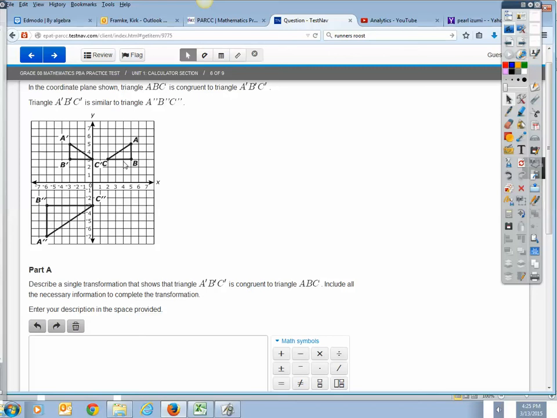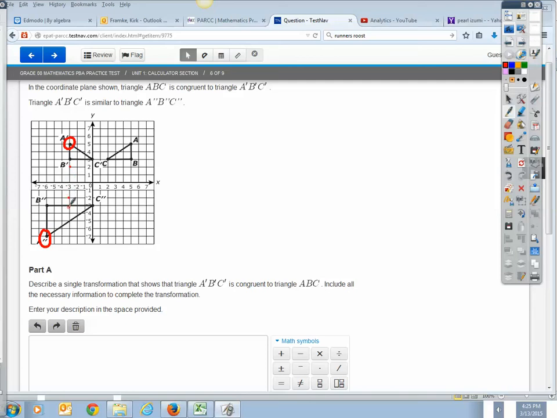Well, let's look if I can, it looks like I have another reflection going on because I know that this part and this part, I mean A and A prime, they're on opposite sides of the triangle. One's at the top, one's below. So I notice that this is 1, 2, 3, 4, 5, 6 spaces away.